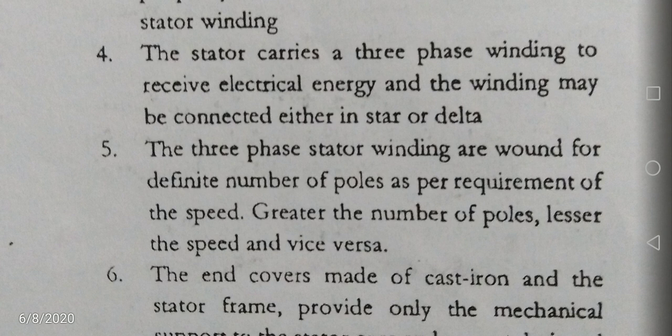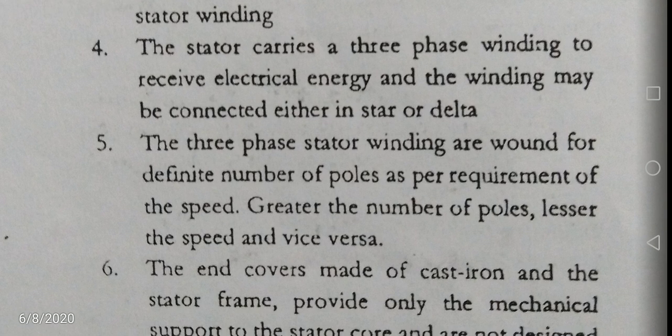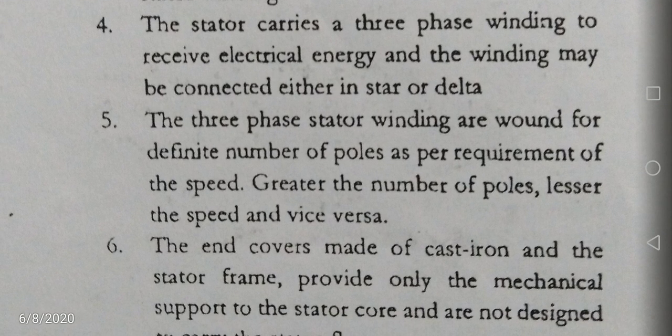The stator must be designed for a specific number of poles, but the rotor need not be, because the rotor of a squirrel cage induction machine has induced poles. The same number of poles on the stator will automatically be induced on the rotor.